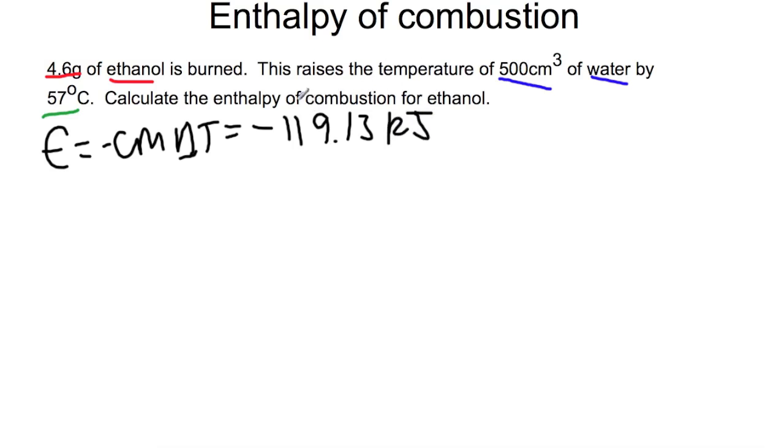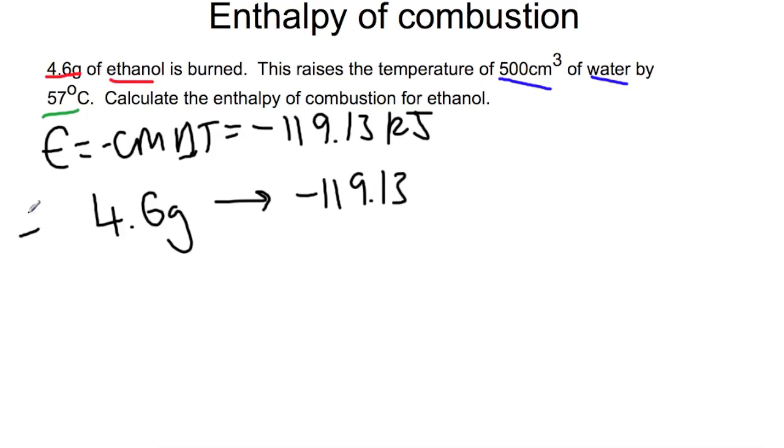The second part uses proportion. So if 4.6 grams of ethanol gave you 119.13, we're trying to scale it up to 1 mole. So one thing that we can do is to divide both sides by 4.6. And that would give us 1 gram.